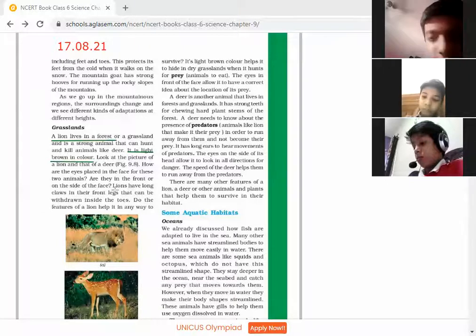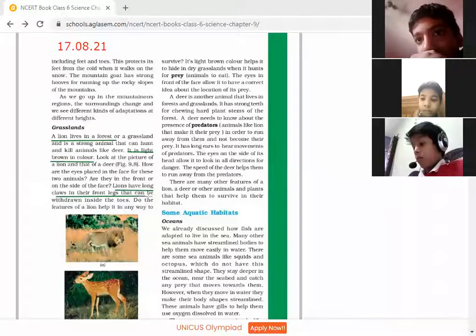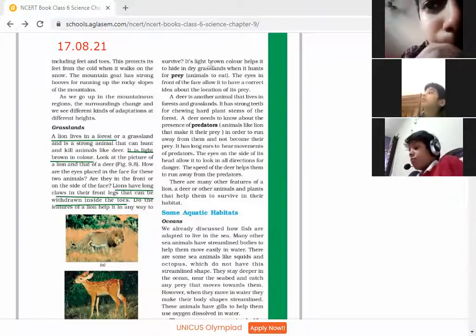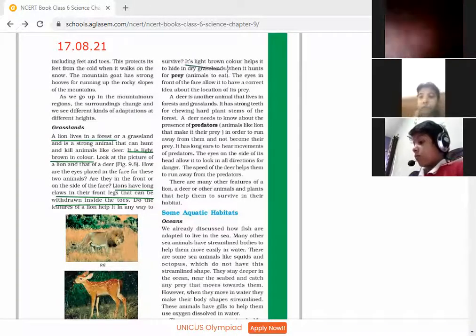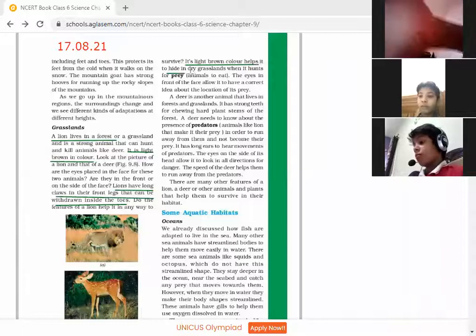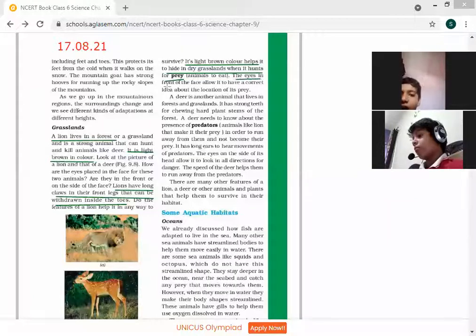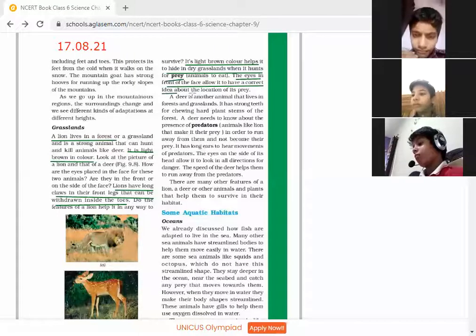Lions have long claws in their front legs that can be withdrawn inside the toes. Do the features of a lion help it in any way to survive? Its light brown color helps it to hide in grasslands when it hunts for prey animals to eat. The eyes in front of the face allow it to have a correct idea about the location of its prey.